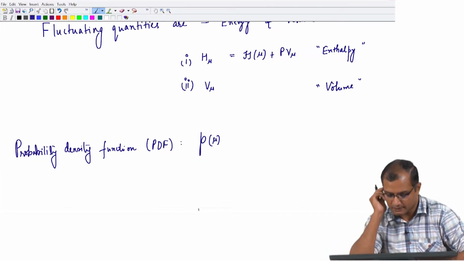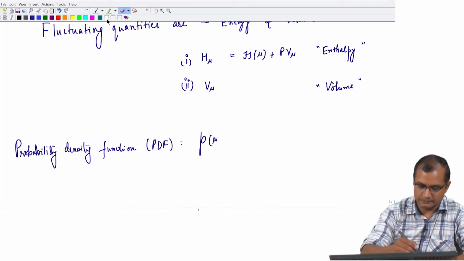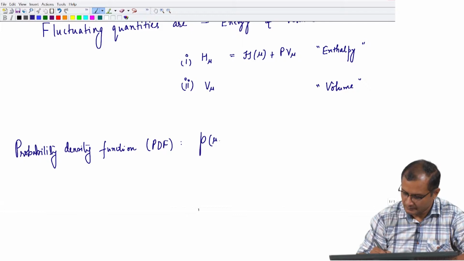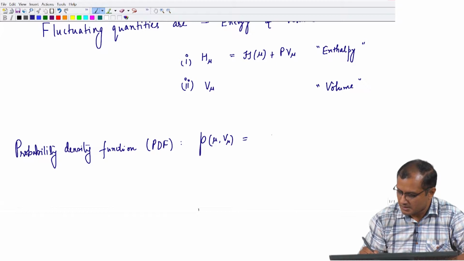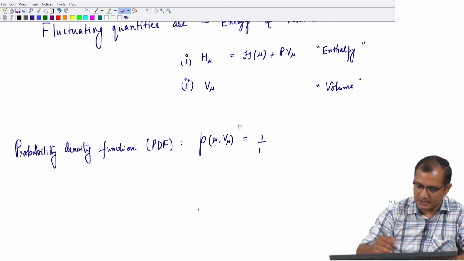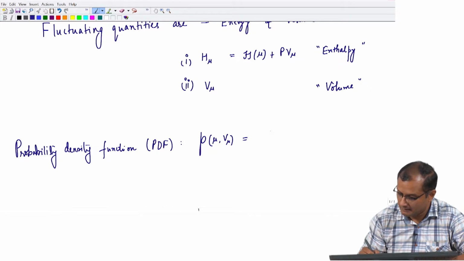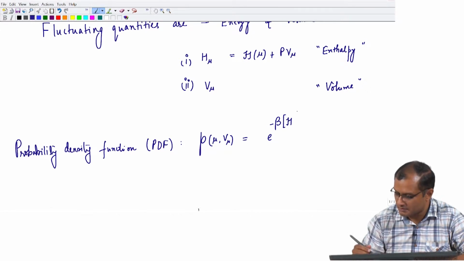You can write down this PDF as 1 upon, so you can just write it down as the Boltzmann factor, which is e to the power minus beta into the energy of the microstate. Okay.